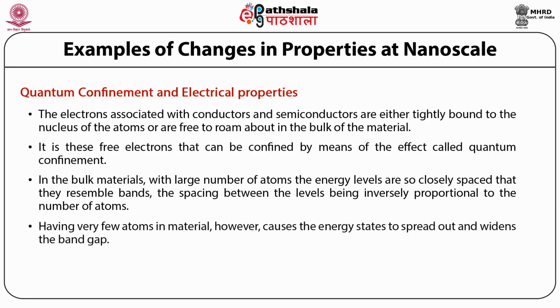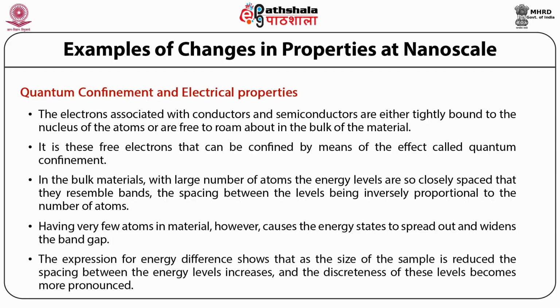Having very few atoms in the material, however, causes the energy states to spread out and widens the band gap. So, the expression for energy difference shows that as the size of the sample is reduced, the spacing between the energy levels increases and the discreteness of these levels becomes more pronounced.